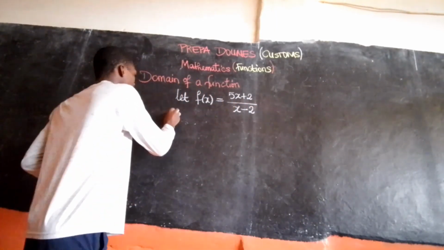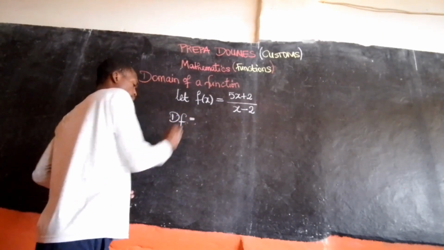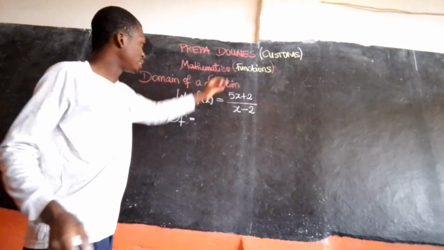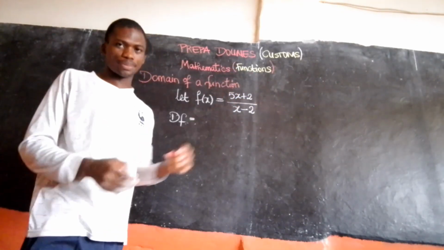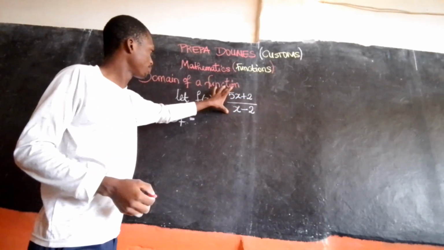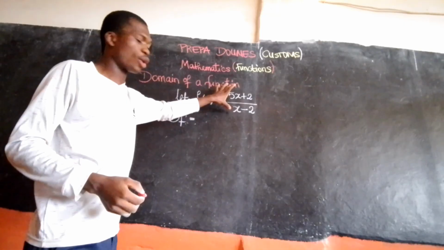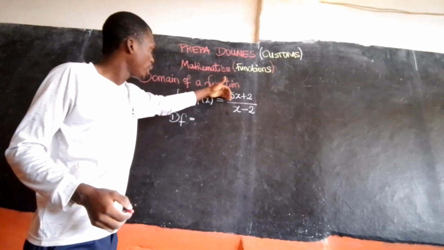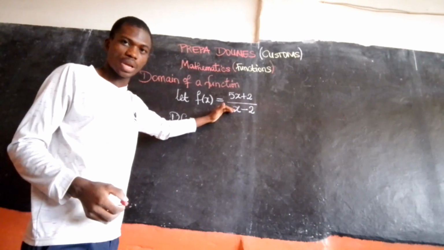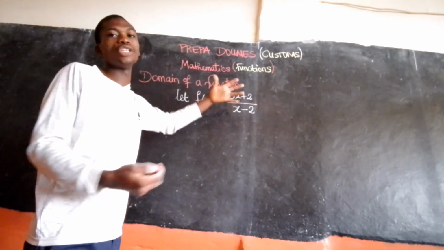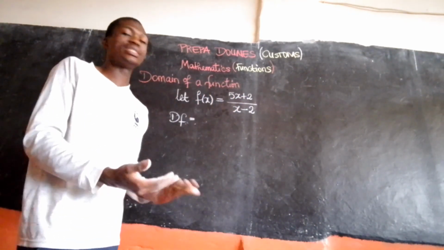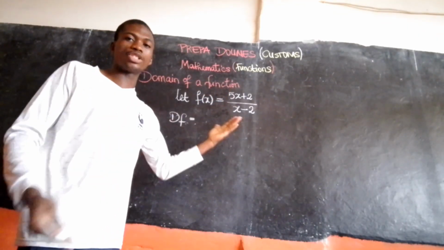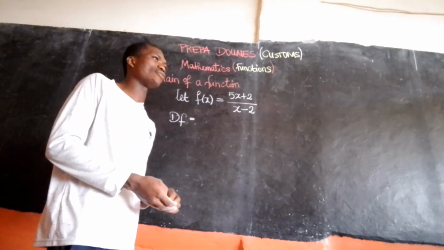We need to find the domain of f. Now, this is no longer a linear function. When you look at this, it has now become a fraction. You can see a numerator, you can see a denominator. Now the domain changes. The way you can determine the domain of this kind of function is different from what I just explained to you about linear functions.